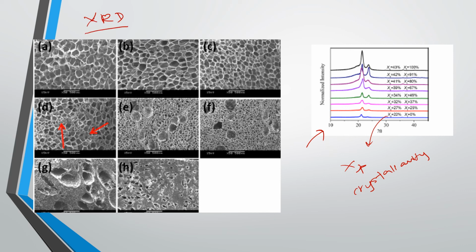So this represents how the crystallinity increases from 22% to 43% as the relative crystallinity increased from 0 to 100%, and the crystallinity is given by dividing the total area of crystalline peaks by the total area under the diffraction curve.